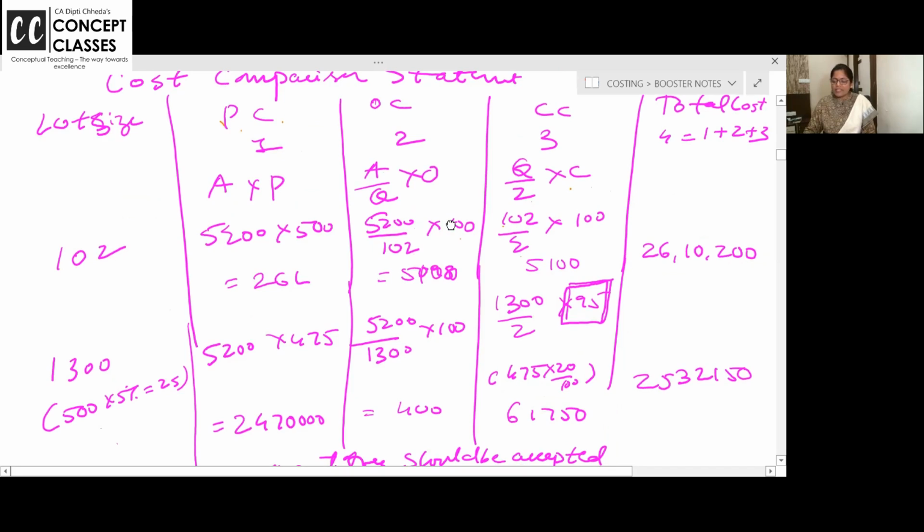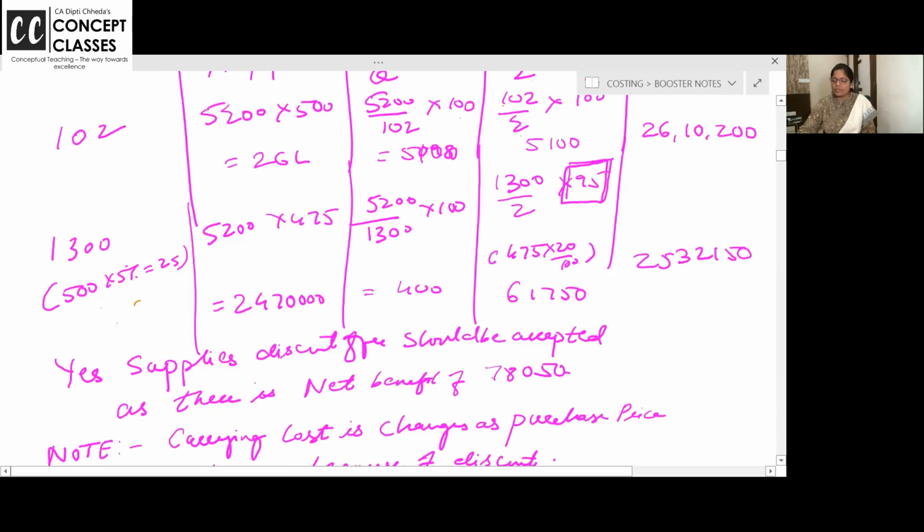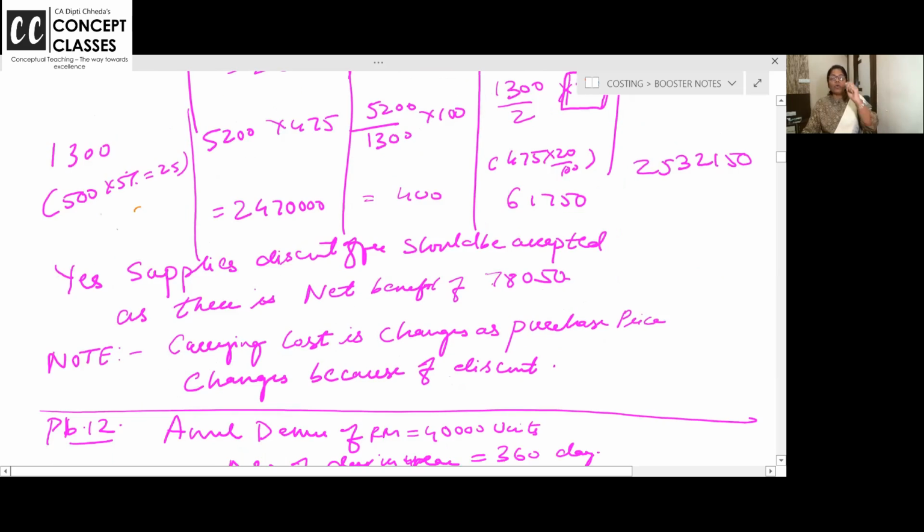Now, see, if you purchase 1 or 2 units, then 26,10,000 is your cost. 1,300 units you are buying, then 25,32 is the cost because you are getting discount. So yeah, they will go for discount. Sometimes it's not EOQ, Dipti ma'am has taught to buy at EOQ, economic order quantity, where ordering cost and carrying cost are balanced.